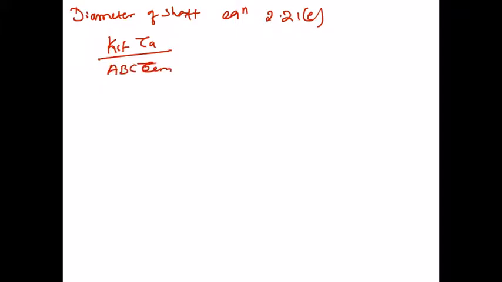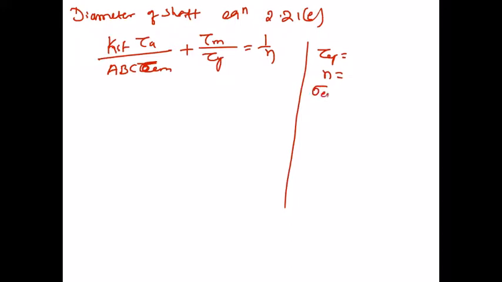Now this is sigma En plus tau mean, tau y equal to 1 by n. Now what are the parameters you know here? Tau y is given, n is given, sigma En is given. A you need to consider as it is completely a reverse torsion.